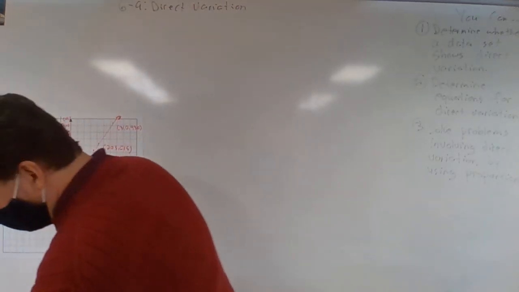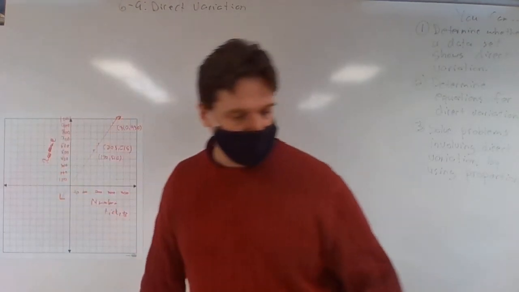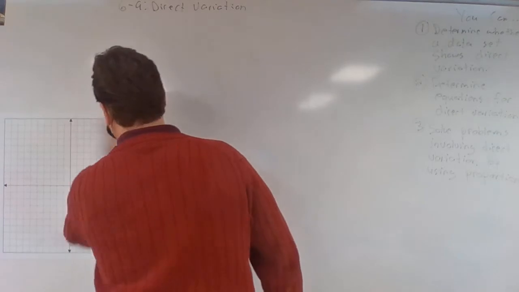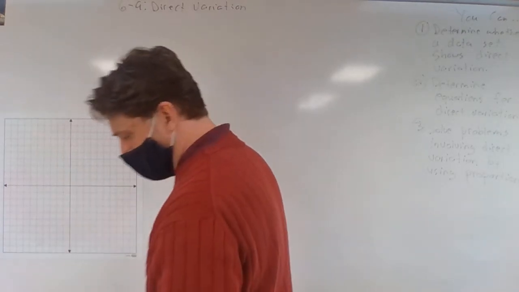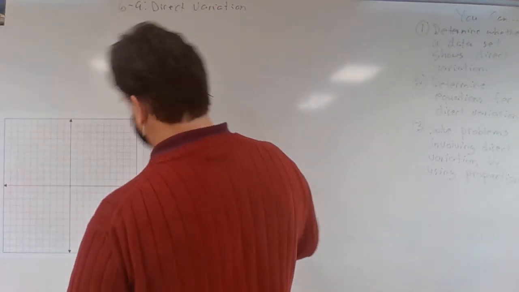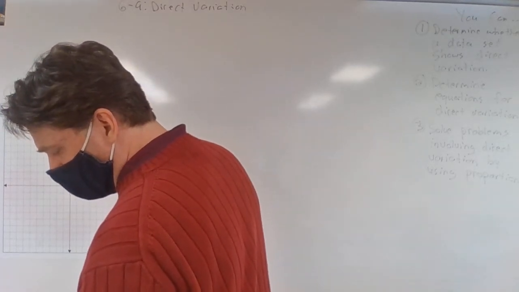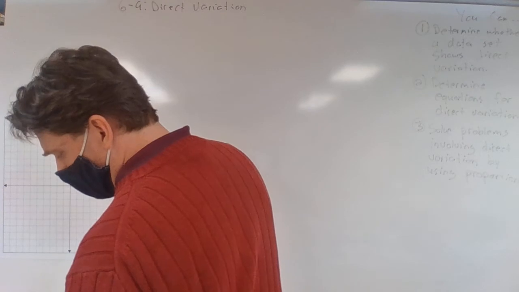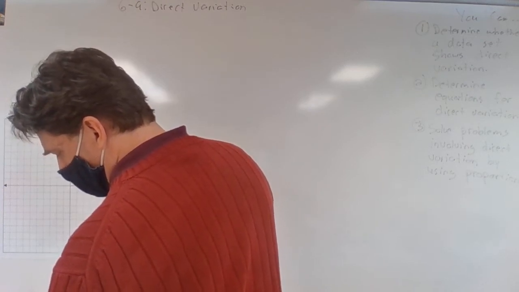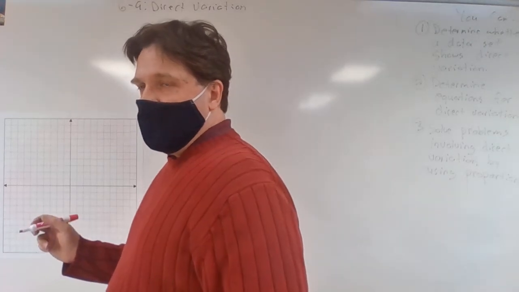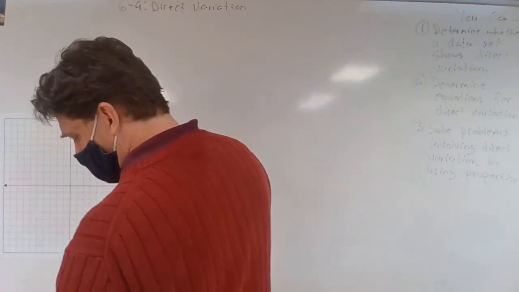So here we go. It says make a graph. I'll do one. I'm going to use my graph here, and you'll be presented with a table. On some of your homework problems here, it just says ratios. So I'll do that, but I'm going to graph one. I'll use the find proportions method for the other.